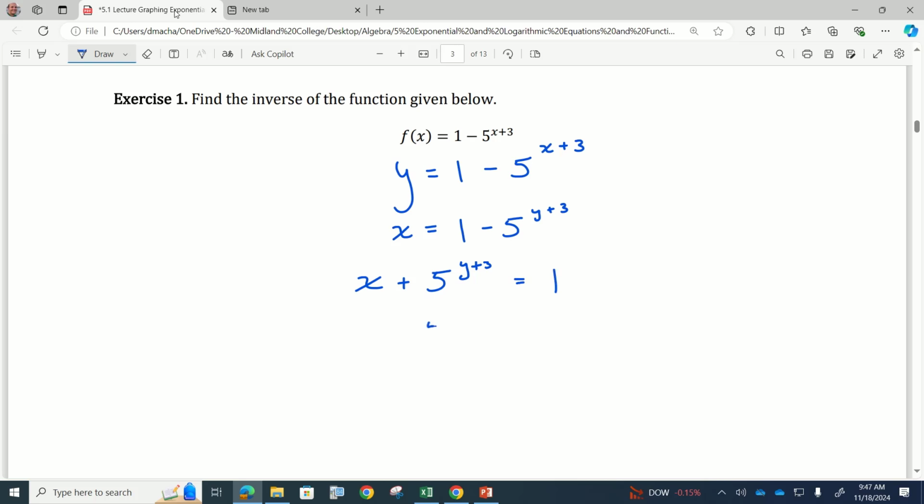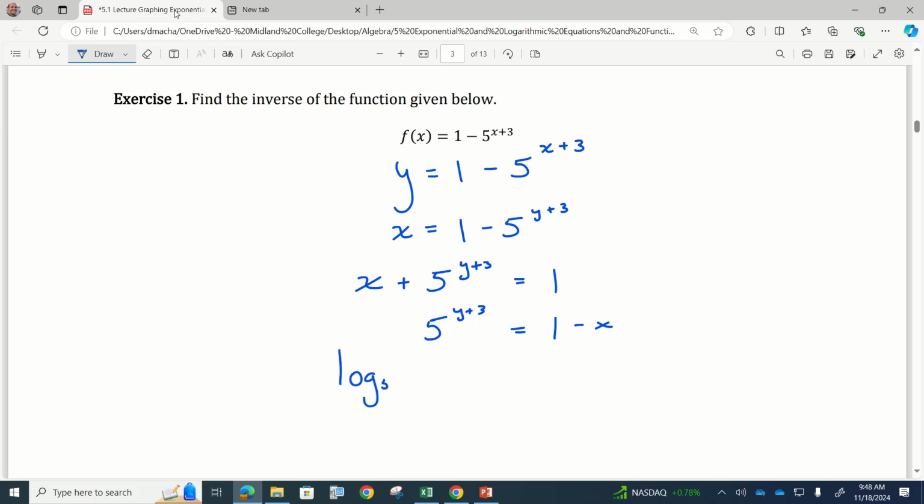And then again, solving for y, subtract x from both sides. Now, how do I get rid of the exponent base 5? I could compose this with its inverse function.